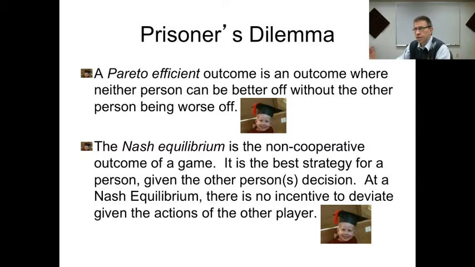So if one player's choice is up or down, and the other player's choice is up or down, each player is going to assume, okay, if we're at a starting point of up, up, each player has to assume the other player is staying with up, and then would I want to go to up or down? So it's the best strategy for a person given the other person's decision. The last sentence in here: at a Nash equilibrium, there is no incentive to deviate for any player. No player wants to change his or her choice given the actions of the other players.